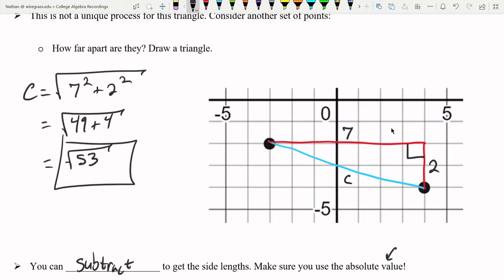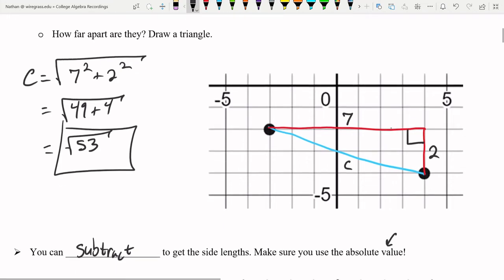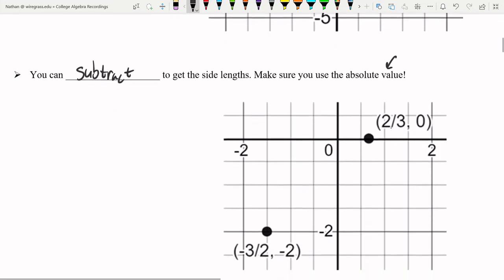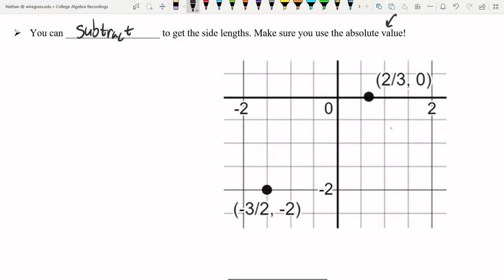So you must do the absolute value of the subtraction to get the right distance. And subtraction also works nicely when you have problems like this, where the points aren't on these exact grids. Of course, this one is on the exact grid for this system, but this one is not. So subtraction may actually be a better way of doing that. However, the process is still the same.